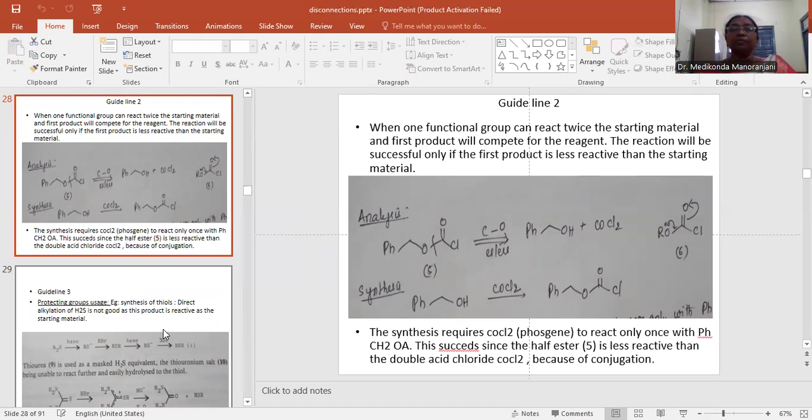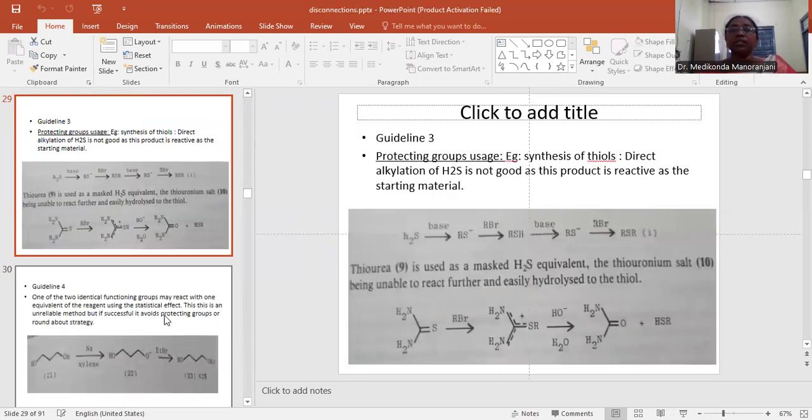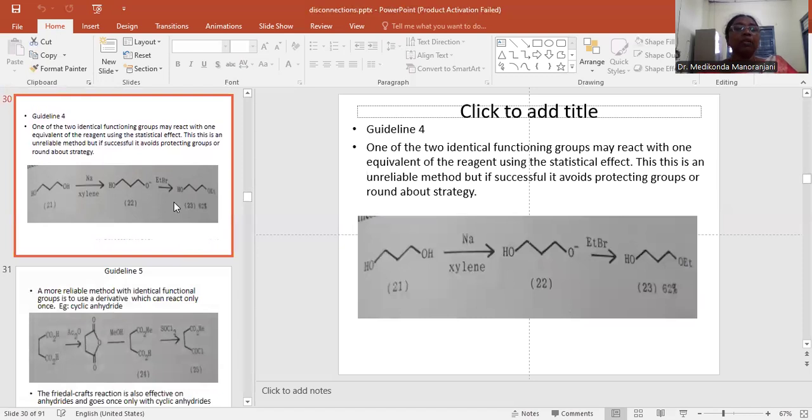Then guideline 3. Protecting group usage. Example, synthesis of thiols. Direct alkylation of H2S is not a good one as the product is as reactive as the starting material. So thiourea is used as a masked H2S equivalent, and the thiouronium salt is unable to react further and is easily hydrolyzed to the thiol. Then guideline 4. One of two identical functional groups may react with one equivalent of the reagent using the statistical effect.